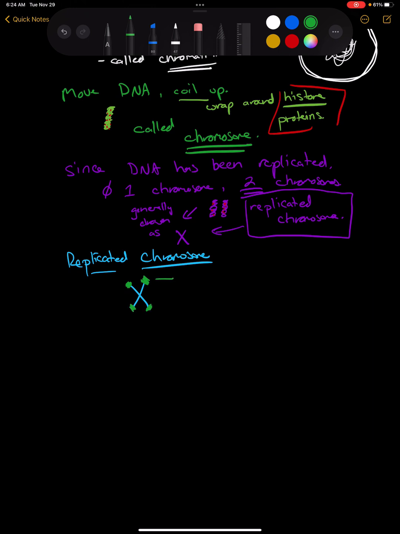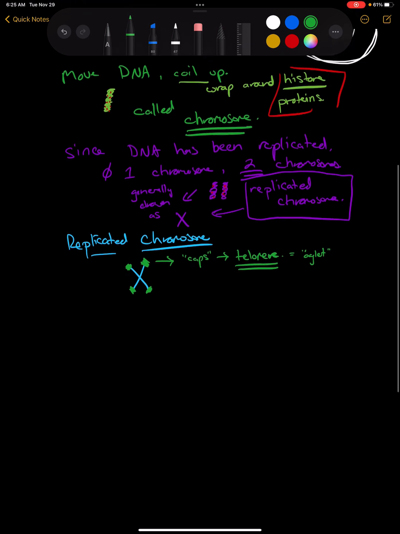And so it has these caps on the top, okay? These are called telomeres. A telomere is a lot like an aglet. You know the aglets on the end of your shoelaces, so it doesn't come unraveled? That's what the telomere does.